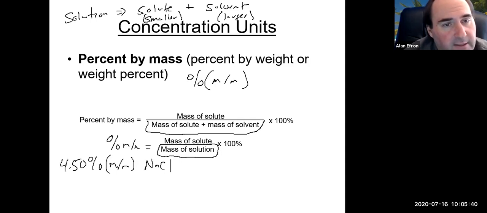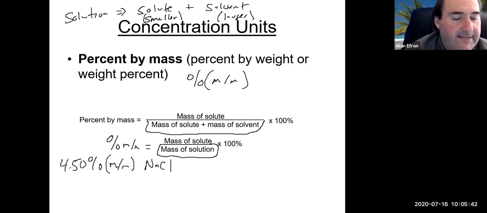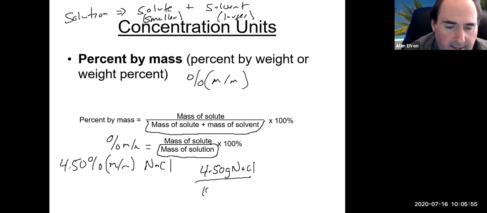So if we assume 100%, what that means is the numbers will remain the same. And what that would mean in this case is basically we have 4.5 grams of sodium chloride in 100 grams of solution. And you really could use this as a conversion factor.